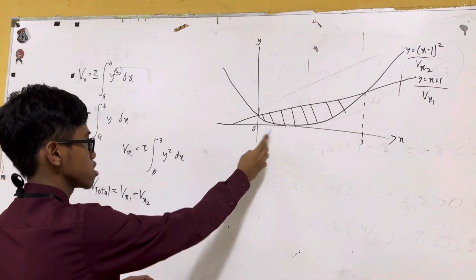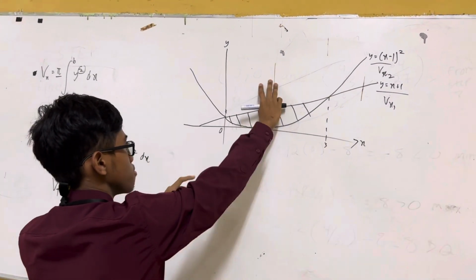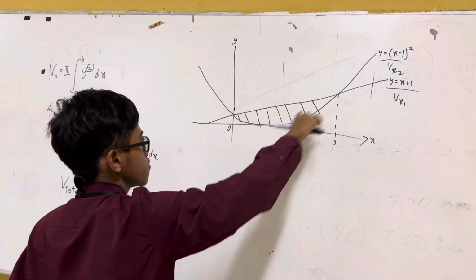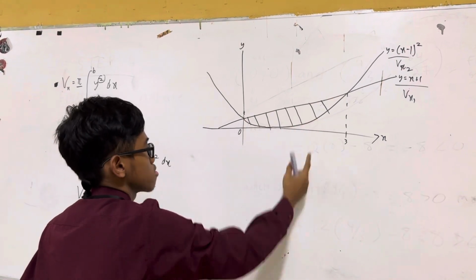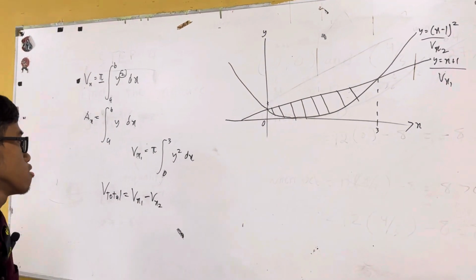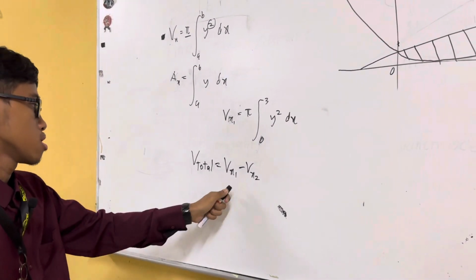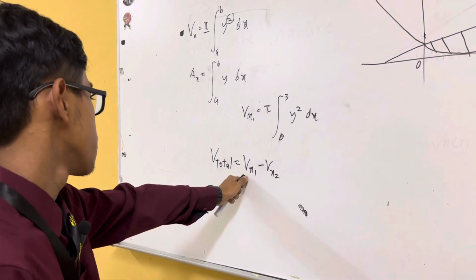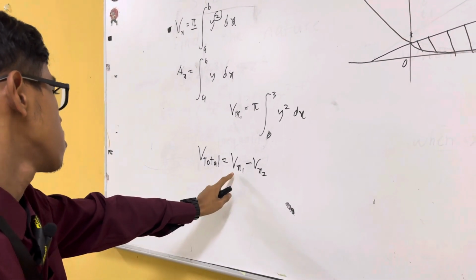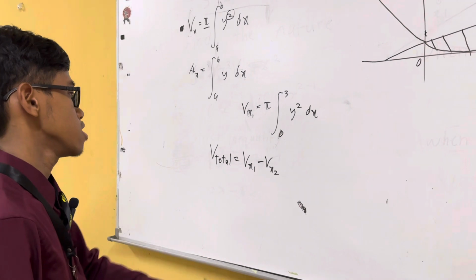For this question, we get the straight line as the upper equation, and the curve is the lower equation. So we need to minus Vx2 from Vx1.